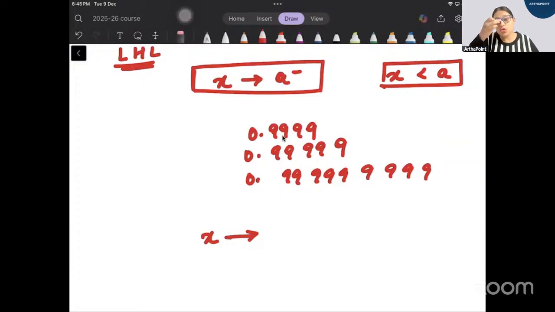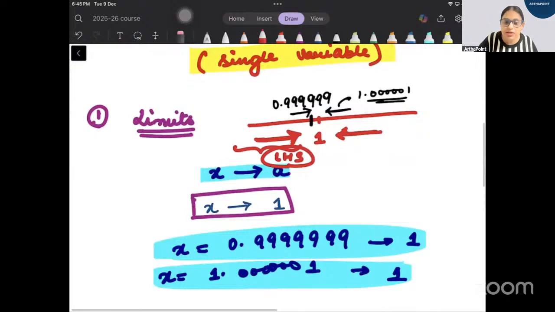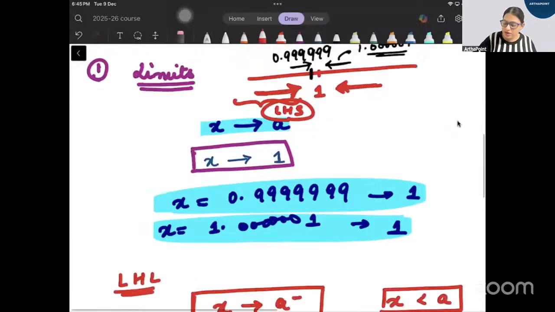Okay. So when I talk about the right hand limit, right hand limit means that we are going ahead and we are approaching that number, but from the right hand side, right? So right hand side means we are taking all values, but which are greater than 1. इसमें हम क्या लेंगे?